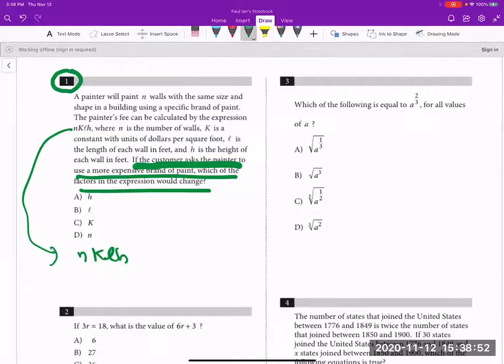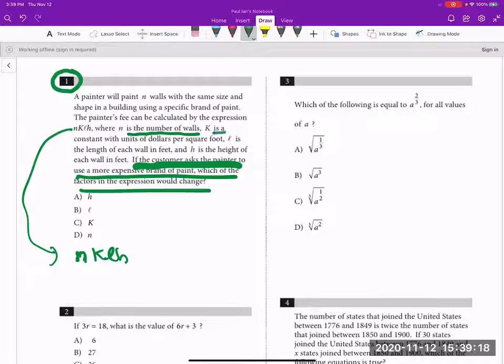So when you go back to something like this, I would just comprehend what these different factors mean, and then interpret whether anything will change depending on if you change the brand of paint. So this first one, the N, the number of walls, this is not dependent on what type of paint, right? It's still going to be the number of walls, so it won't be N that's going to change.